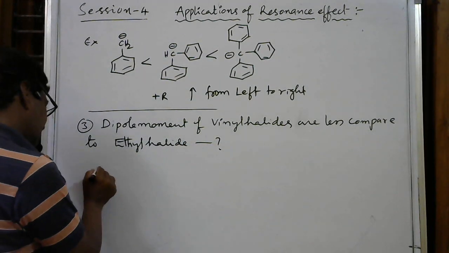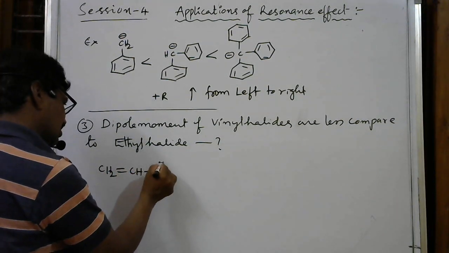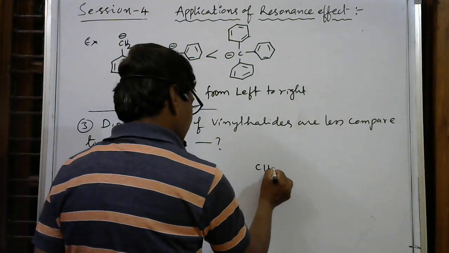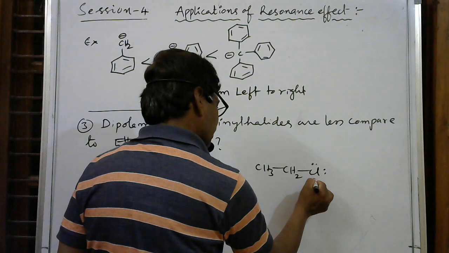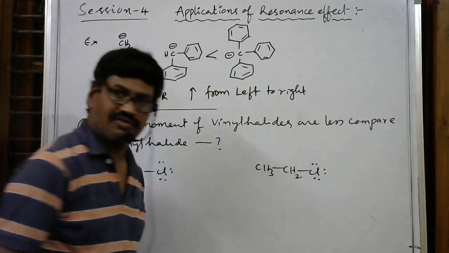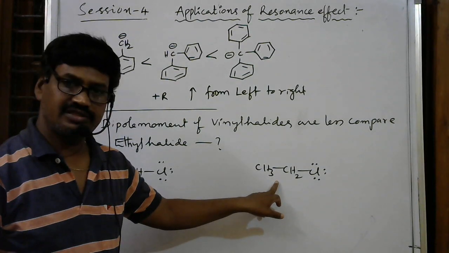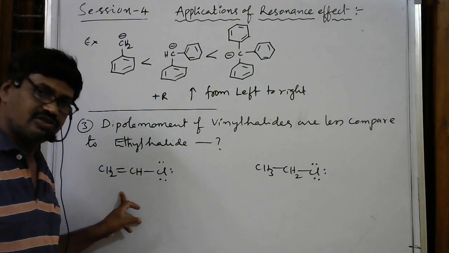See here I am writing CH2=CH-Cl, where on chlorine 3 lone pairs of electrons are present. Here I am writing CH3CH2Cl, where 3 lone pairs of electrons are present, but these lone pairs are not in conjugation, because only a single bond is present. Here a double bond is present, so we can expect a resonance effect.